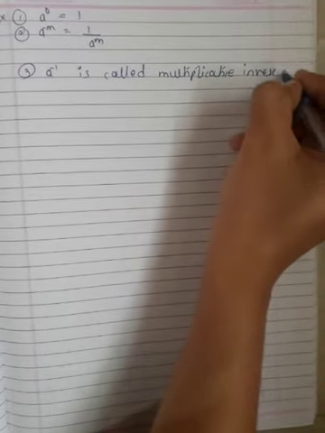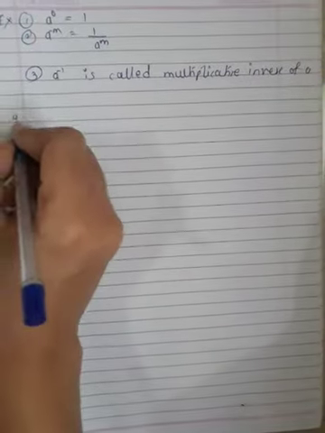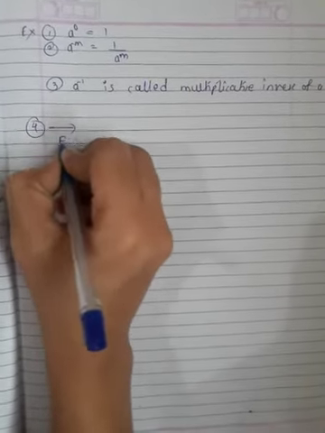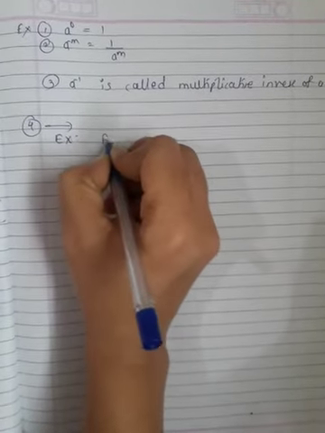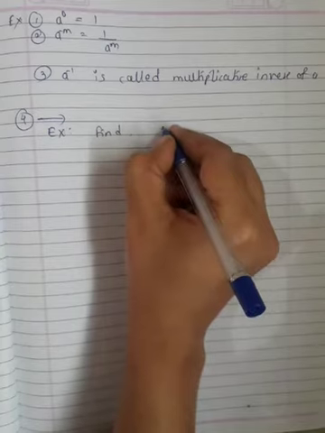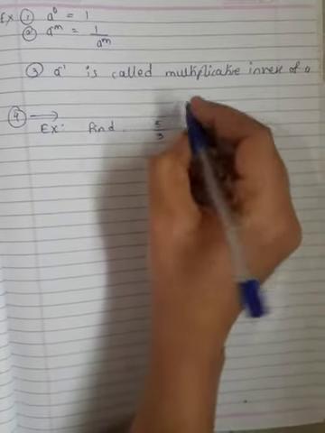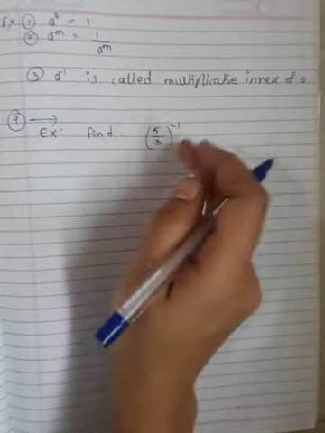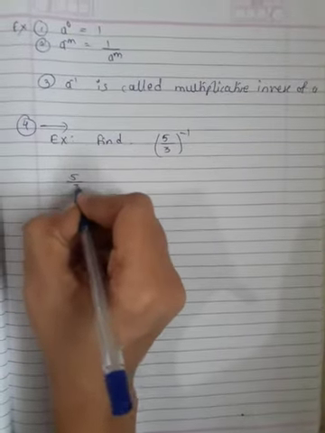Now see what our fourth property is. Suppose for the fourth property we take an example. Find 5 by 3 raised to minus 1.